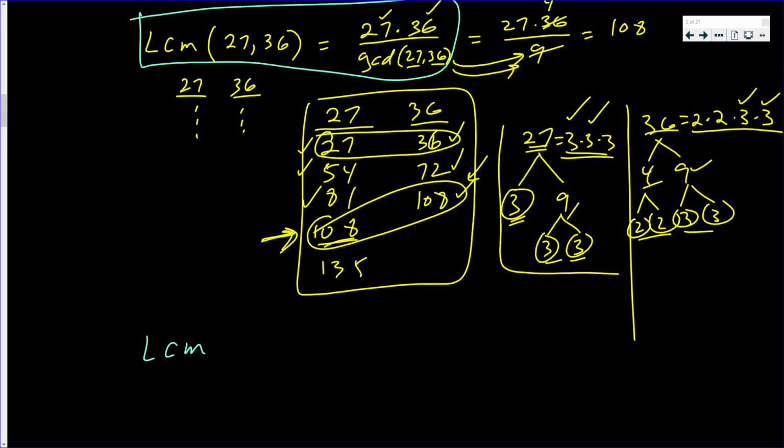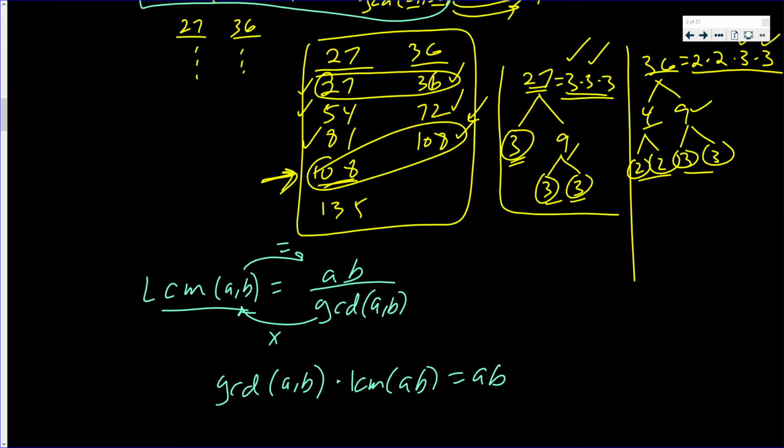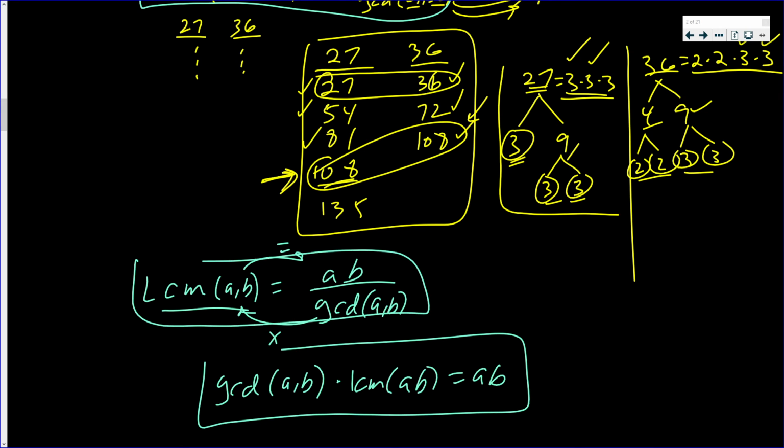The LCM of A and B, according to this theorem, is AB over the GCD of A and B. Because this product, namely GCD of A and B times LCM of A and B, is supposed to equal the numerator. And that is true. This statement and this statement are the same.